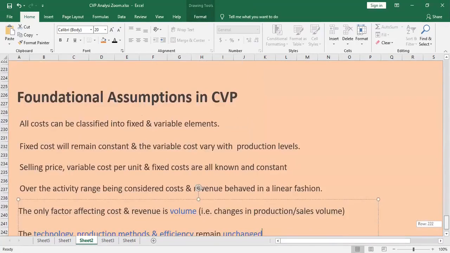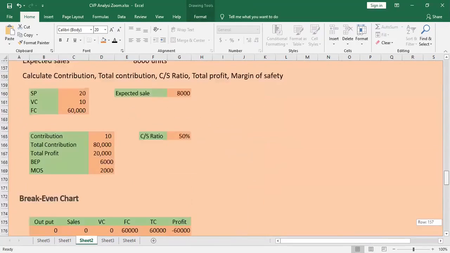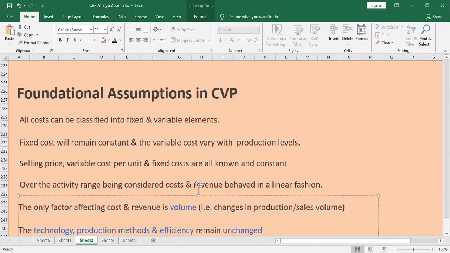I hope that you have some kind of understanding here about the concepts, about the terminology that we discussed, about the calculations that we went through, and about the graphs and how we plot all these values in the graph and how you identify the margin of safety, break even point, fixed cost, variable cost, and other total costs within the graphs, and also the calculation, like equation methods and all that.